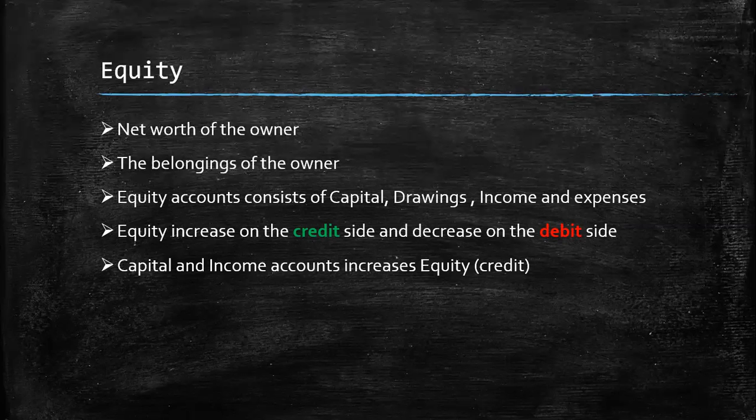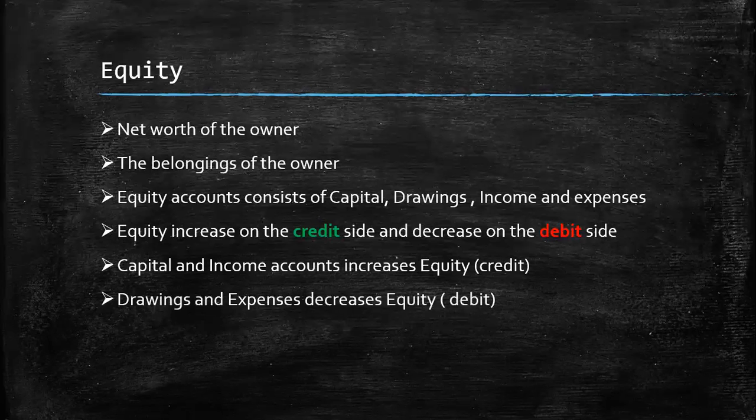The contribution that the owner makes into the business. What do we mean by income? All the money that is generated after the business operations. So these two items, they influence the value of equity positively.